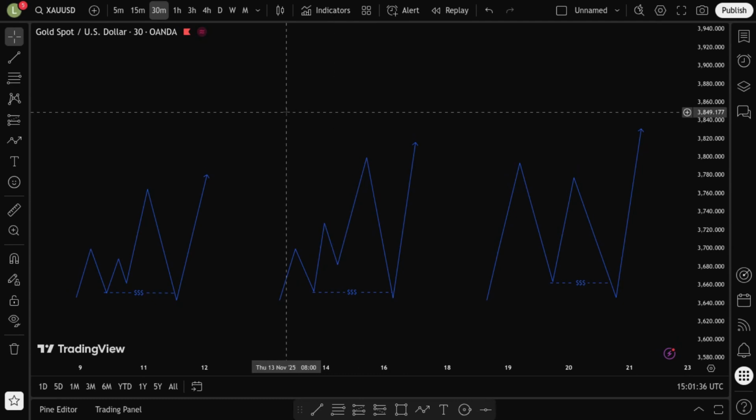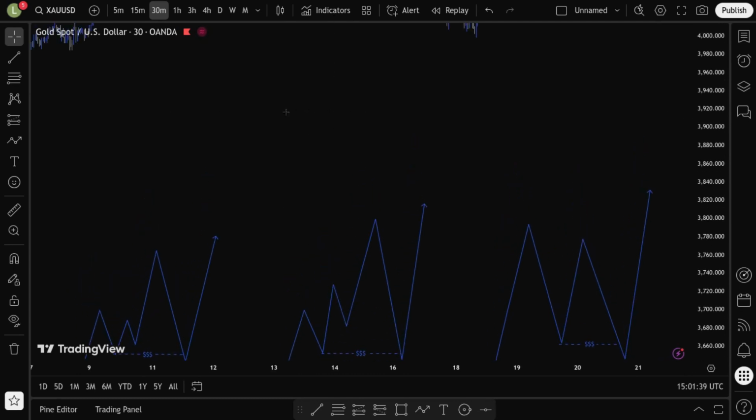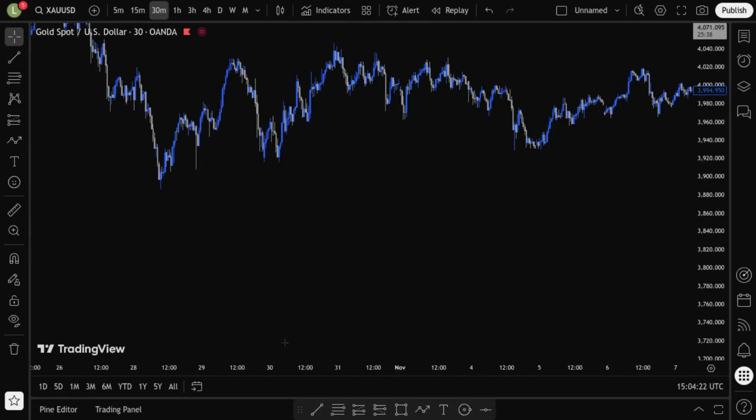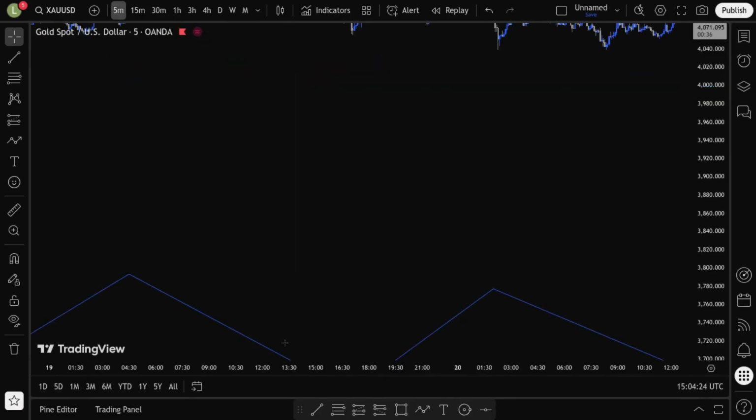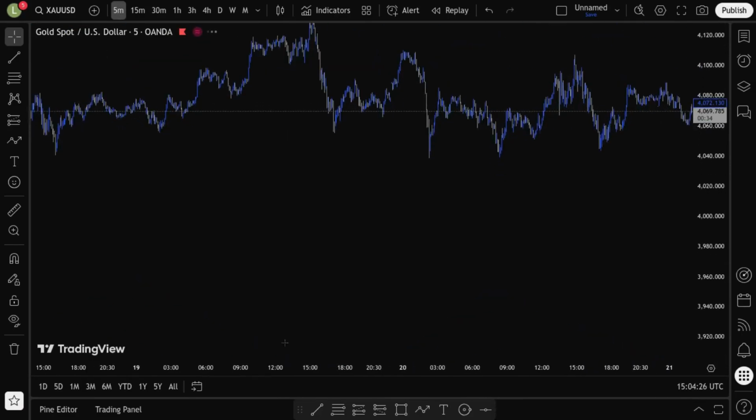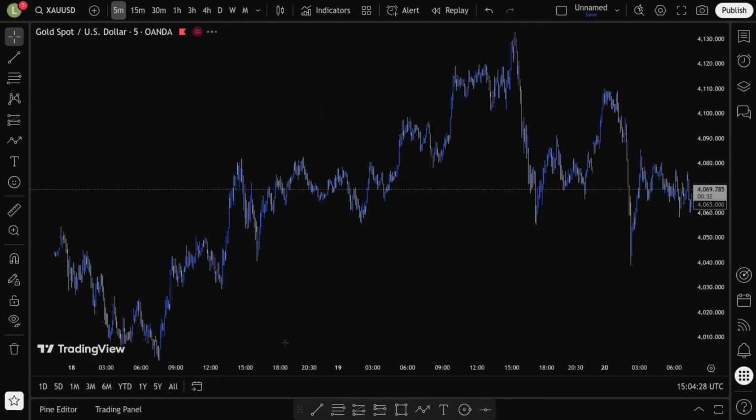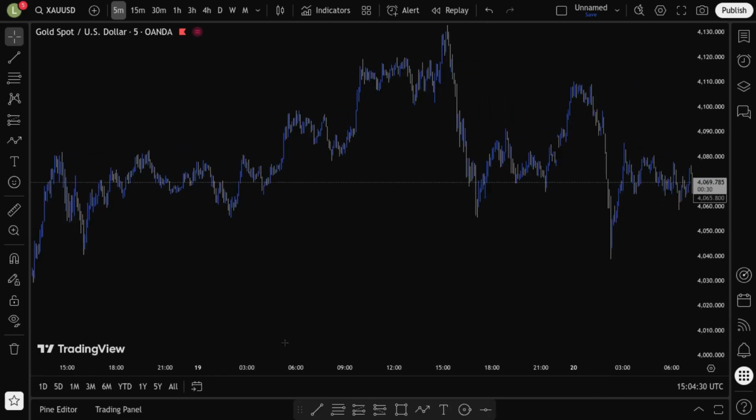And for the sell side, on the 5 minutes, I can see very sweet liquidity sweeps. You can see this liquidity sweep that price did here.